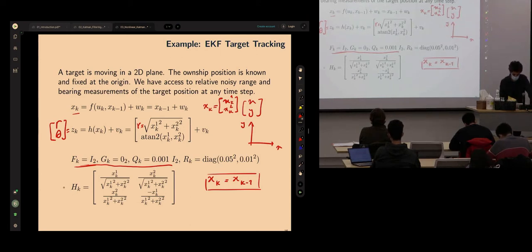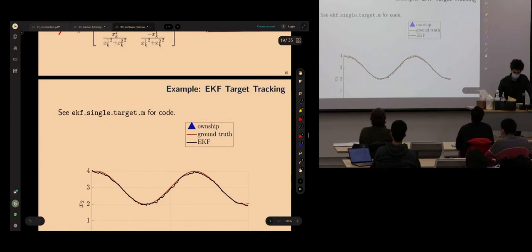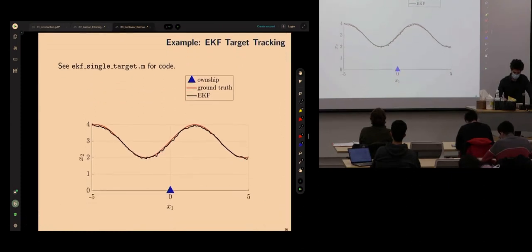You can evaluate the Jacobian of the measurement model. It's not very difficult. You will get this matrix. Again, you can use software. You don't have to do it by hand if you're lazy. Then it's the same old Kalman filter. You just update H every time based on where you are.